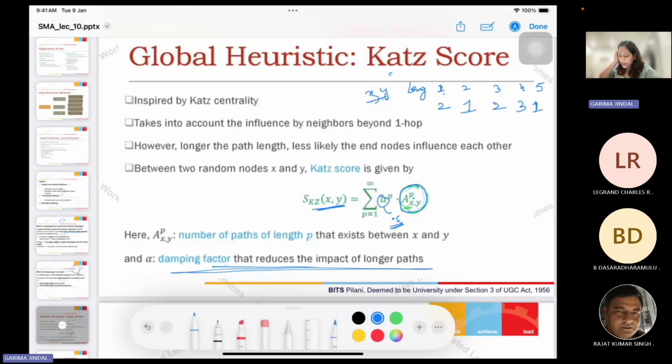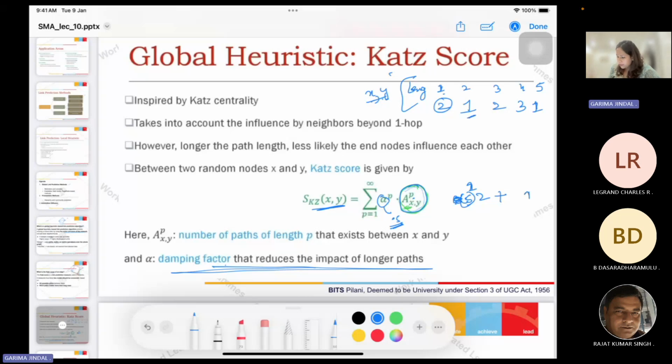So how are we going to calculate the CART score for this data? Firstly, we consider all the paths of length 1. There are two paths of length 1, and suppose alpha's value is 0.5, raised to the power 1. Then we sum it with the paths of length 2.